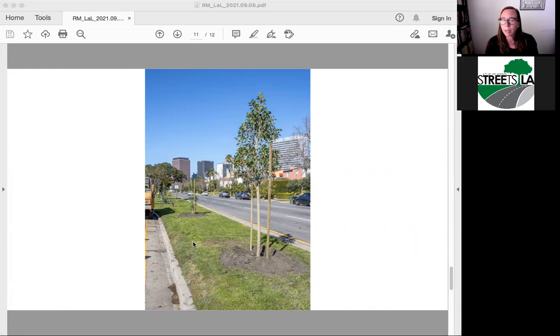I will share that that has been an area where we haven't had a lot of funding for the upkeep of the median islands historically. It's been an area where Urban Forestry Division also manages the landscape median islands in addition to street trees in the public right-of-way. And it's an area where we could probably use some additional resources. And I think we'll have a lot of interesting conversations moving forward about what we want to see, how we can utilize these spaces with Urban Forestry Division and other departments across the city.